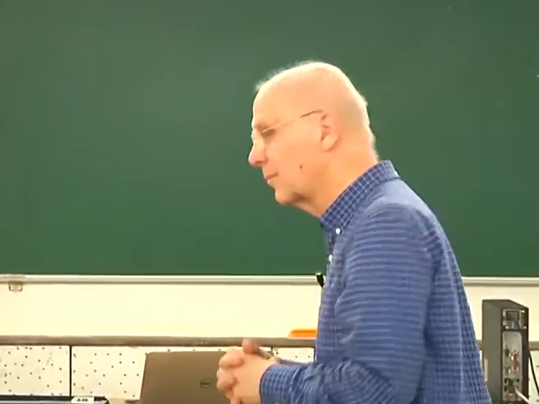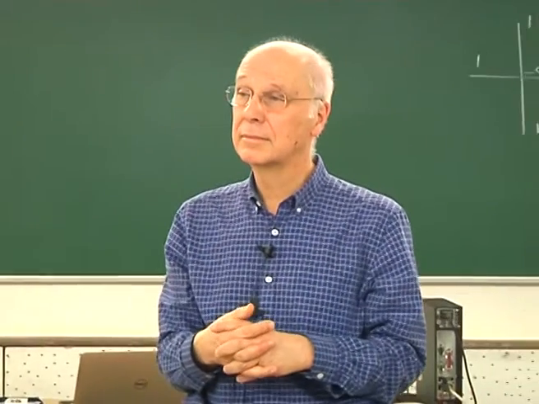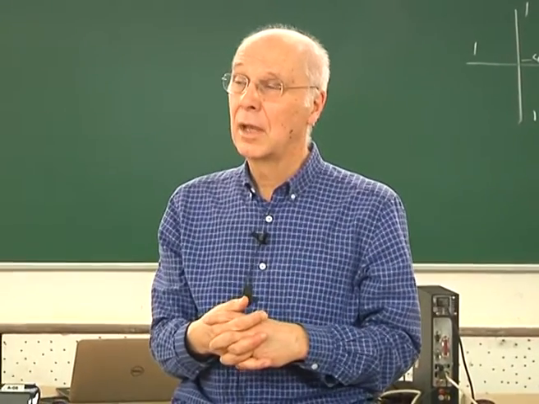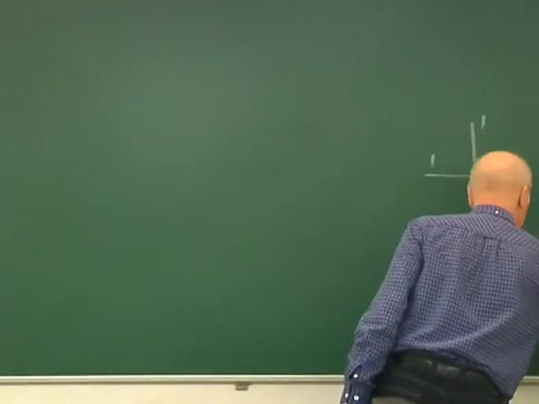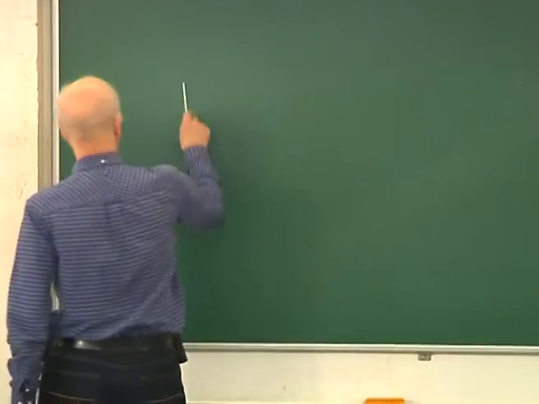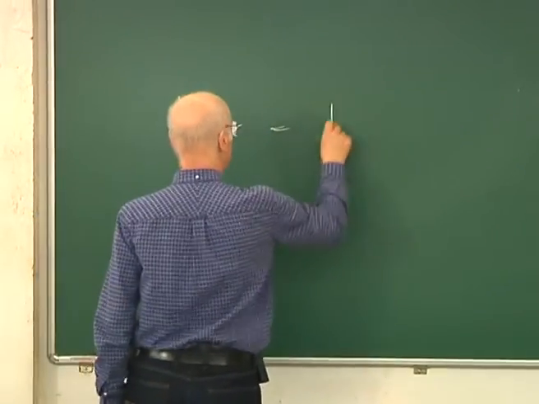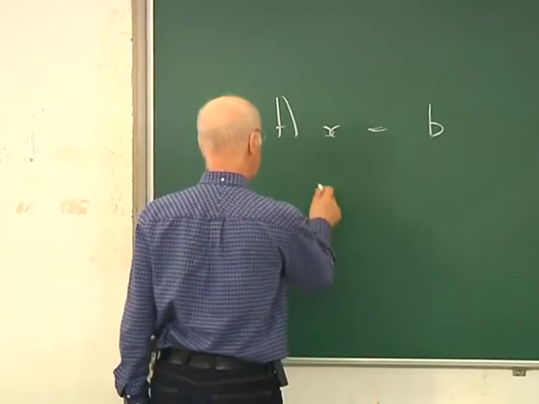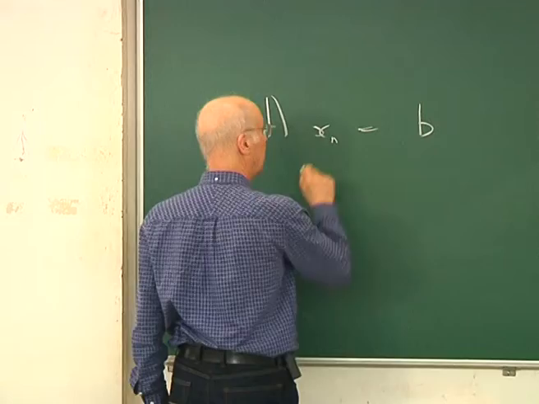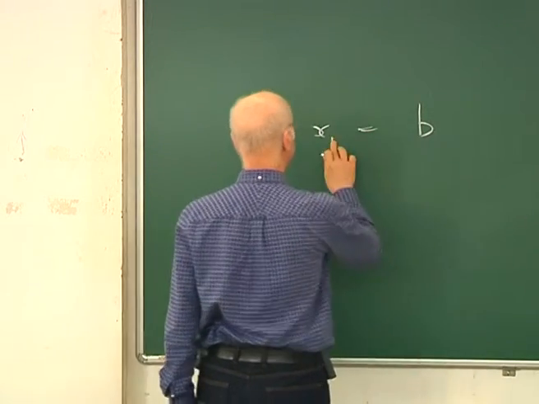Are we calculating b minus Ax and reducing that and then escaping? This is good, because we are solving a linear problem and you get to some solution.